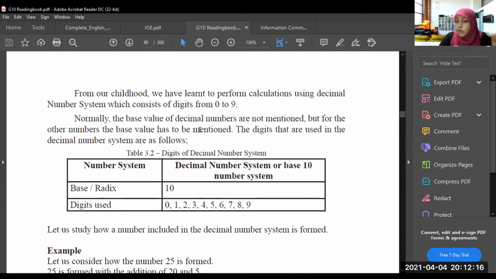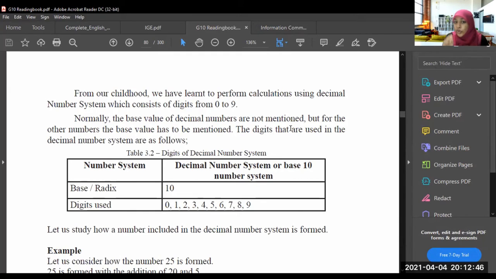Normally the base value of decimal numbers is not mentioned, as I told you. As you saw there, when they used the binary number system, they used the base 2. But when they represented the decimal number, they didn't use the base 10.